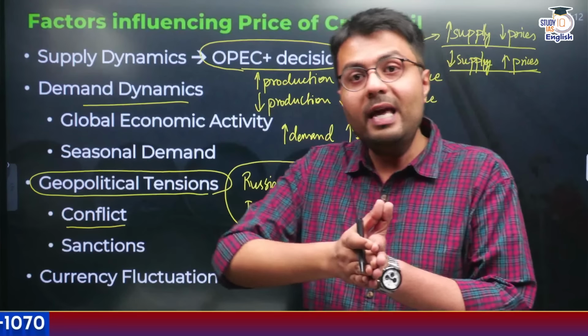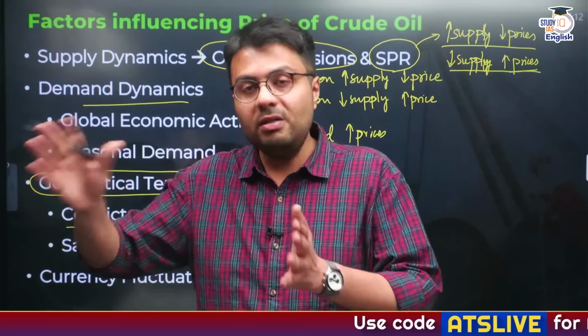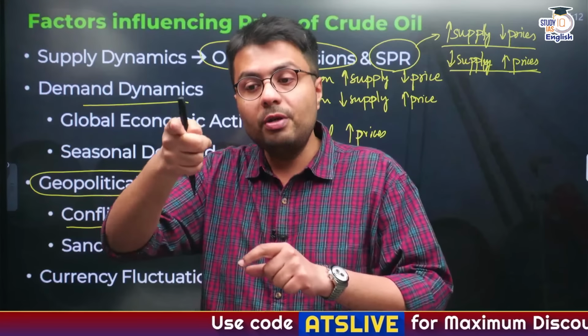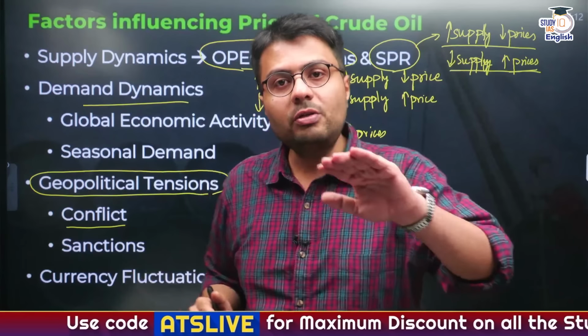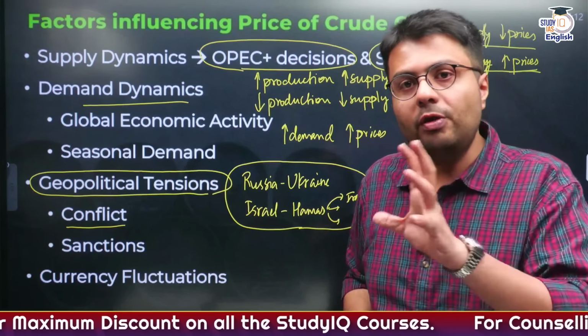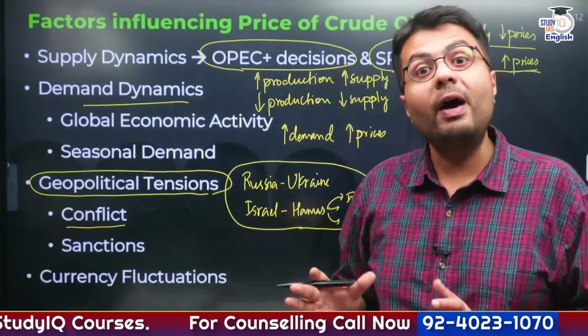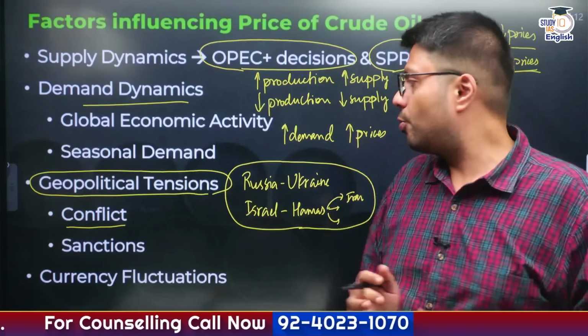Similarly, there was increased tension in the Red Sea region and the Strait of Hormuz region, through which major oil tankers pass. So this also creates uncertainty regarding the delivery of crude oil. So both of these factors may lead to increased prices of crude oil. Why? Because of a reduction in the supply of crude oil.